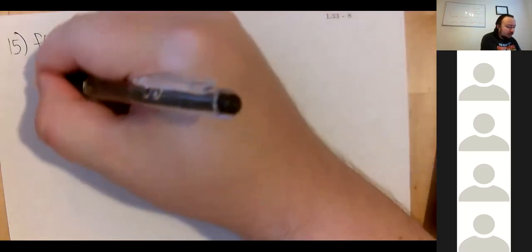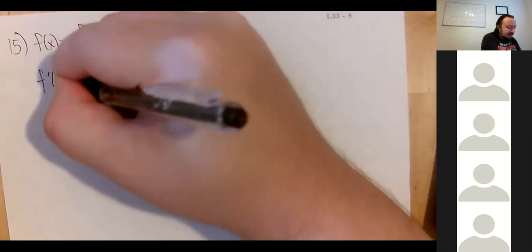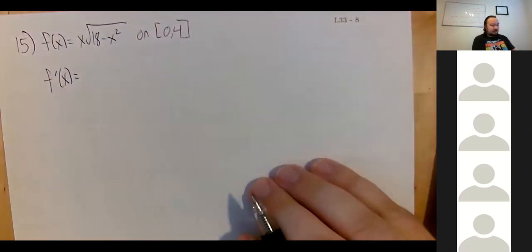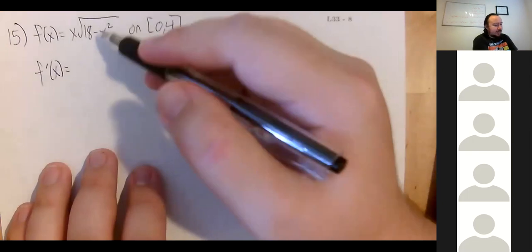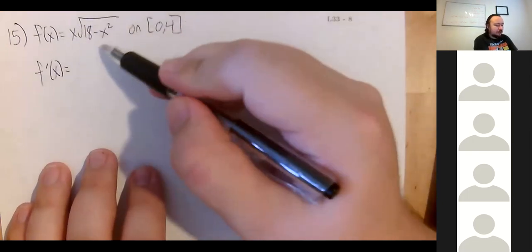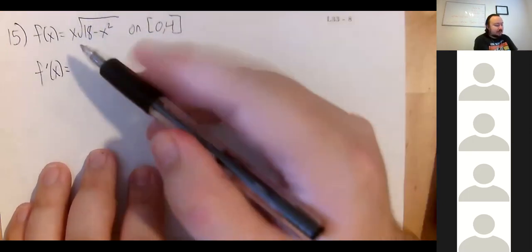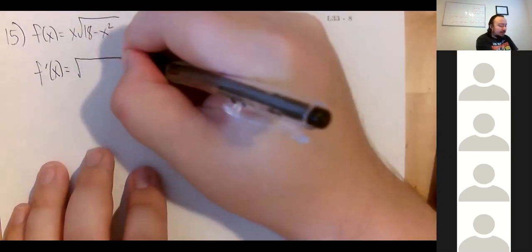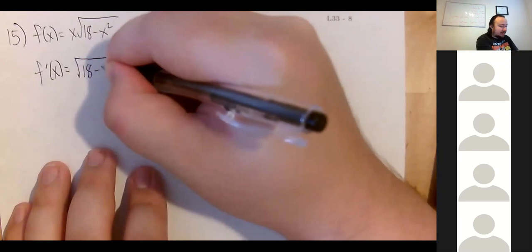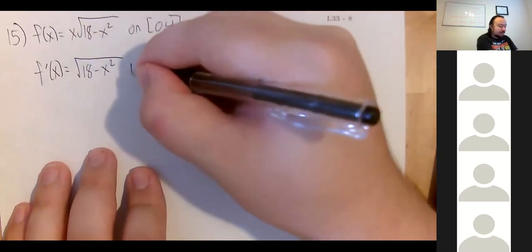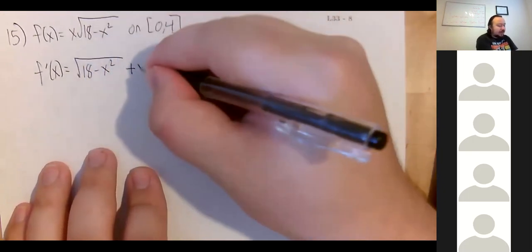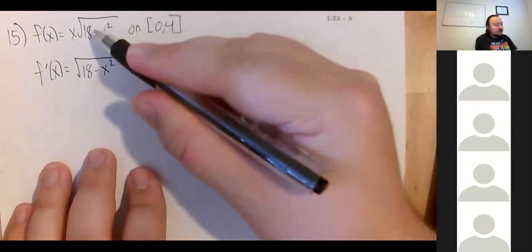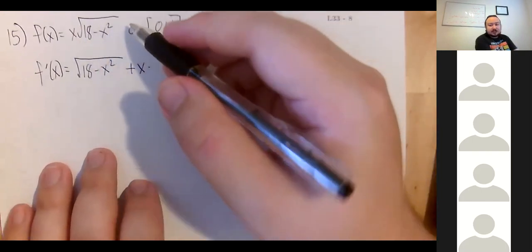So to find the critical points, we of course need to find the derivative. All right, well, looking at this, I'm going to need to use the product rule to get this derivative here. So I'm going to do the derivative of x and get 1. And I'll leave that times the 18 minus x squared. Then I'll leave the x alone, and I'll do the derivative of root 18 minus x squared.